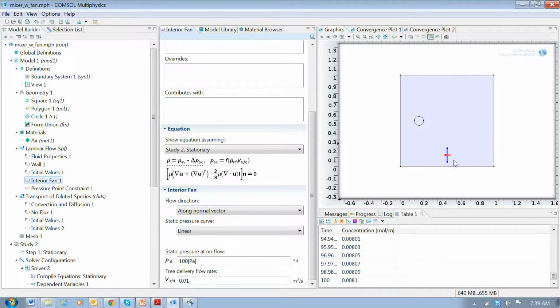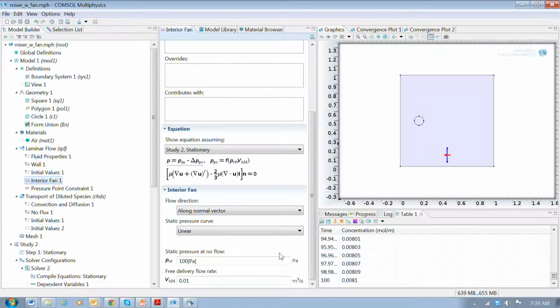Now, if you prevent the flow from happening, then the pressure drop across the fan increases. And conversely, if you allow flow to go, then there's less of a pressure drop.